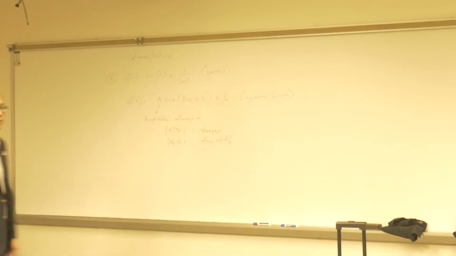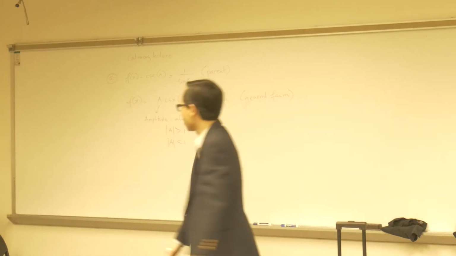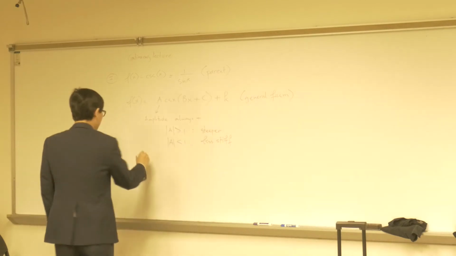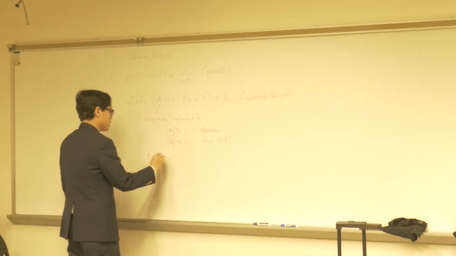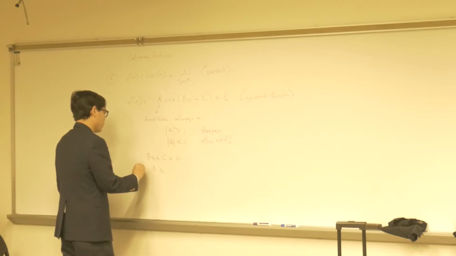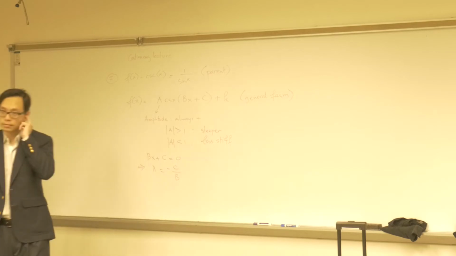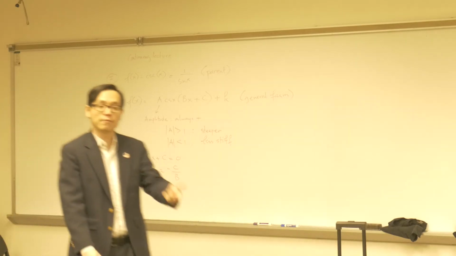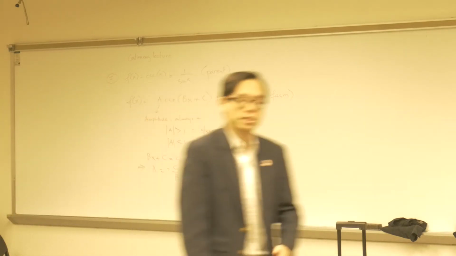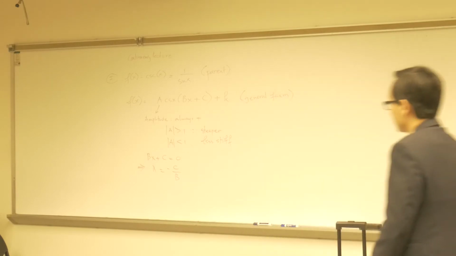And we can find the phase shift by setting up bx plus c equal to 0. So if we set bx plus c equal to 0, we can have x equal to negative c over b, and it represents the phase shift. It means how many units you move to the left or to the right.